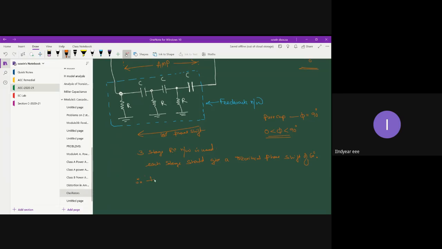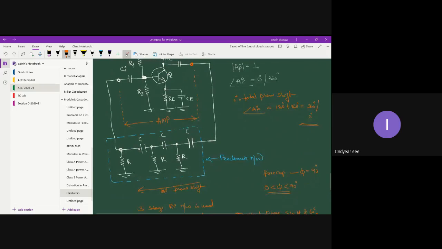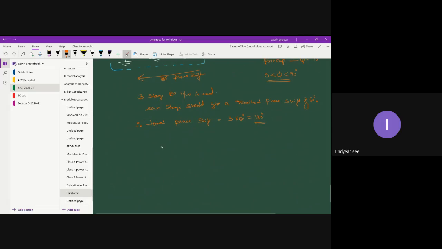Therefore, the total phase shift is equal to 3 into 60 is equal to 180 degree. Hence, the condition is satisfied. So this is the whole idea of RC phase shift oscillator. So that's about the phase shift of amplifier block as well as the feedback block.